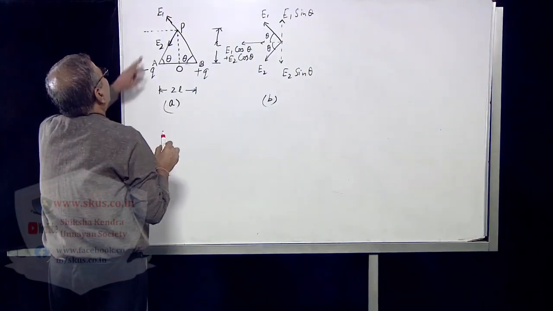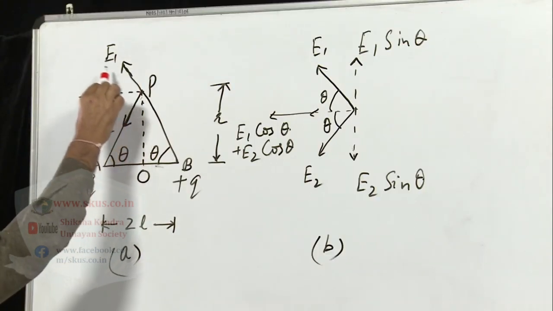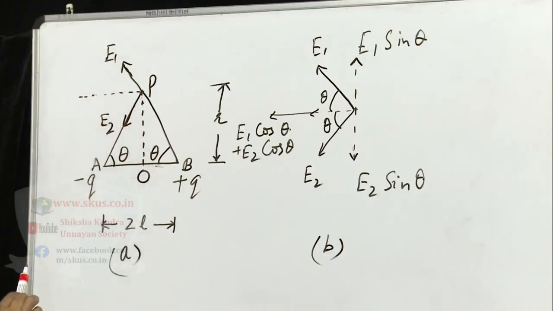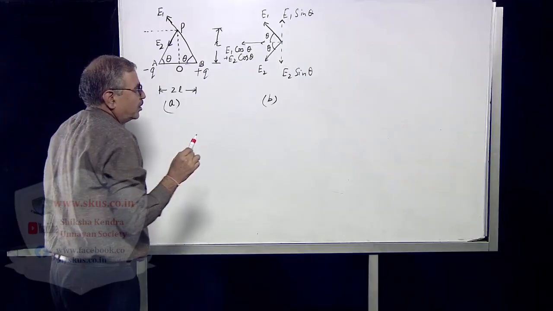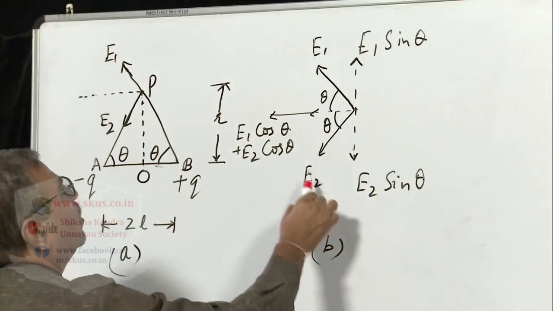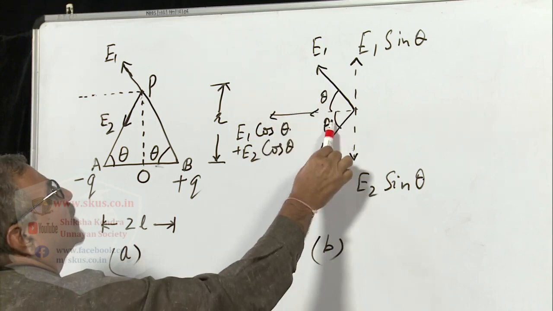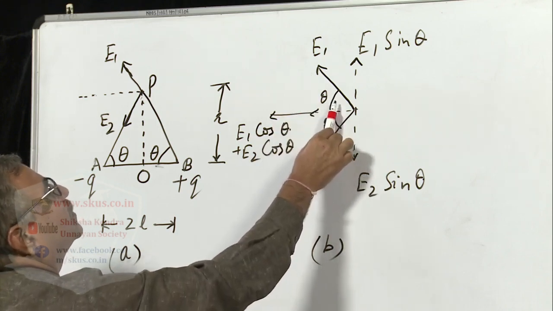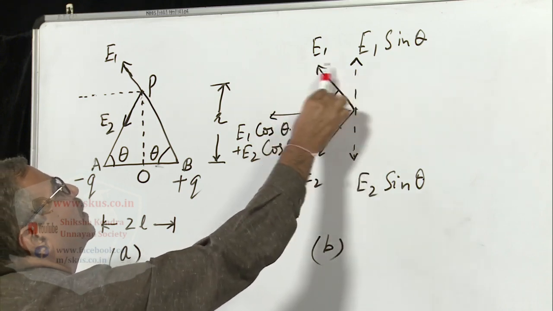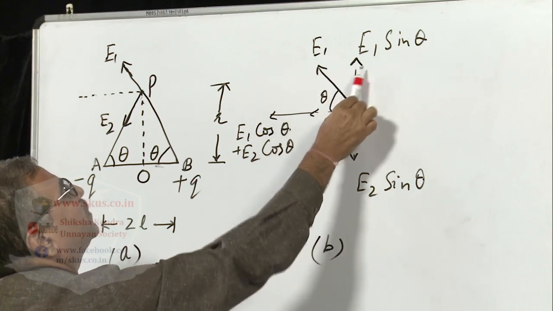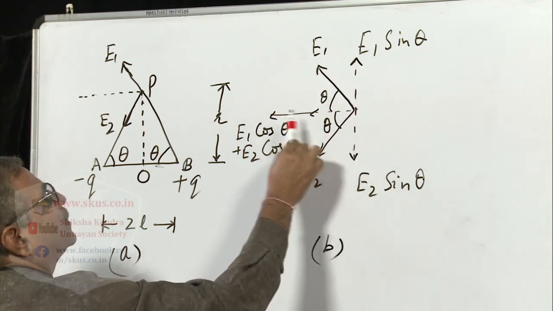Now, as E1 and E2 will be equal in magnitude but their directions are different, they are to be resolved into components. So, in figure B, we have resolved E1 and E2 into components. This angle will be theta, this angle will also be theta. So, resolving E1 into components, it will be E1 sin theta and this will be E1 cos theta.